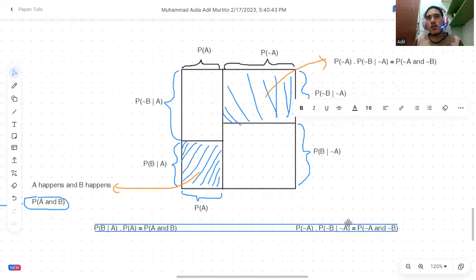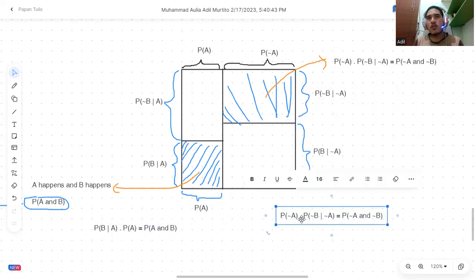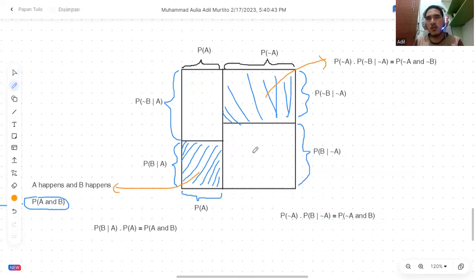And this one means negation B, then it is like this for this one. You can follow along for this formula and this formula.